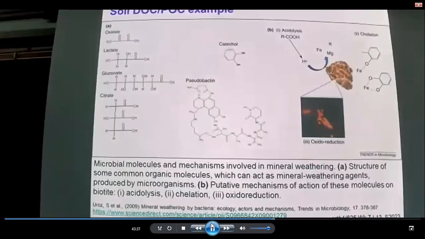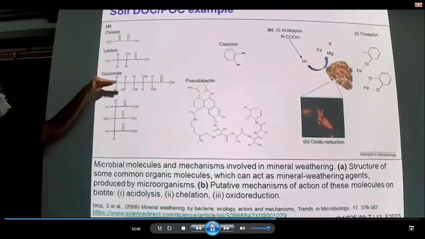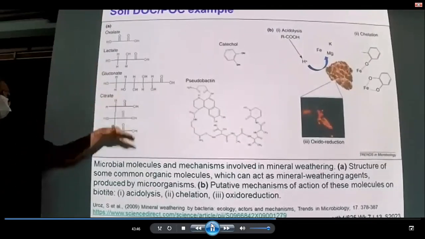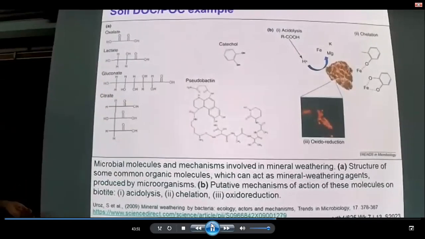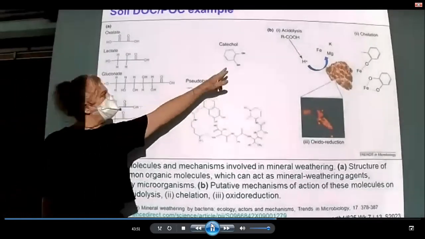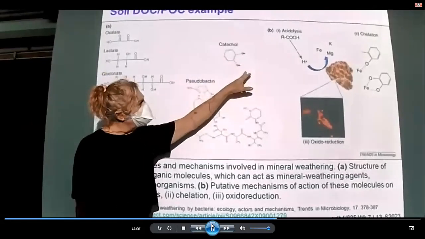Now, this is one example of how organic matter in a soil can help accelerate the rate of breakdown. I'm pointing to several different common organic ligands that we find in the dissolved organic fraction. And you can see two examples. Catechol is just a diphenol compound.